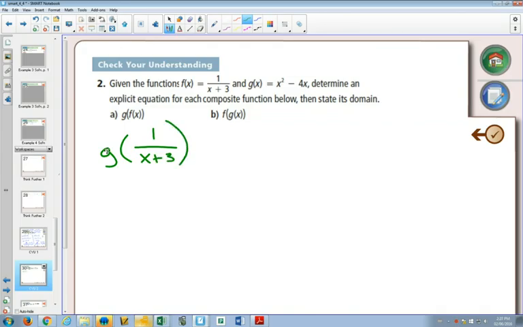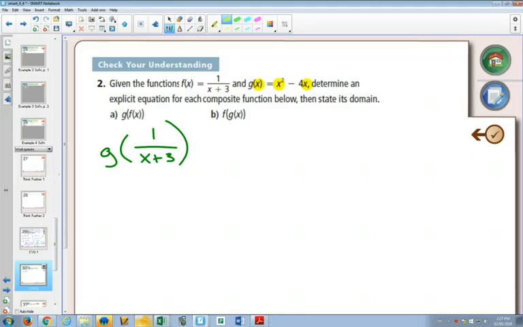And now we have to plug in 1 over x plus 3 wherever there is an x in g of x. Notice in g of x you have x's in 2 different places. Whatever you throw into g of x gets squared, and then you subtract 4 times whatever you put in.